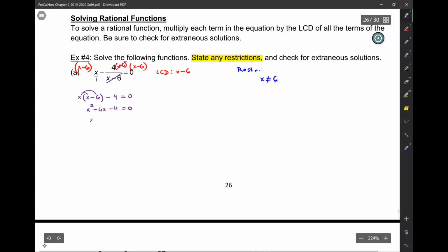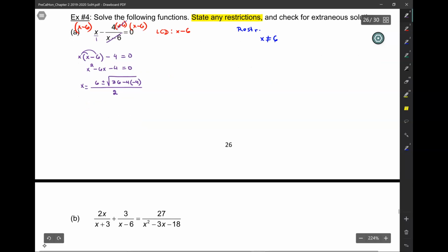So here we can't factor. So x is equal to 6 plus or minus the square root of 36 minus 4 times a times negative 4, all over 2.